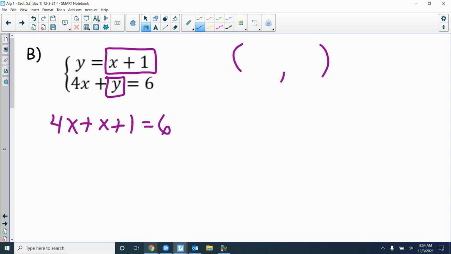What do I got? 4x plus x, which is, what's 4 plus 1? 5. 5x. Okay, now what do I do? Would you subtract 1? I would.